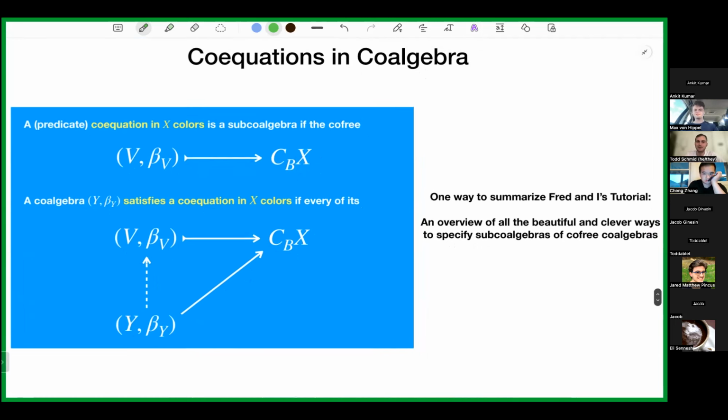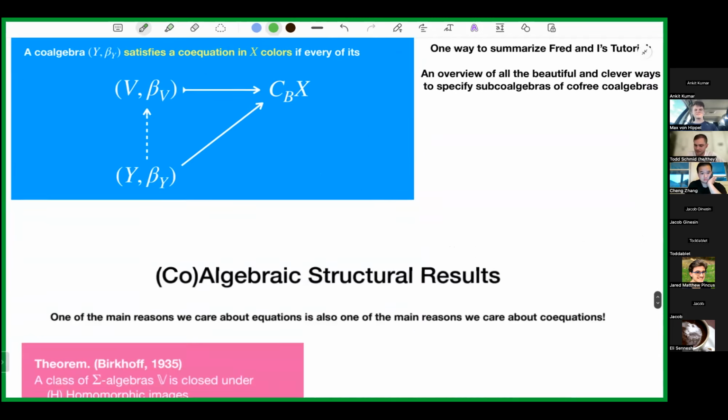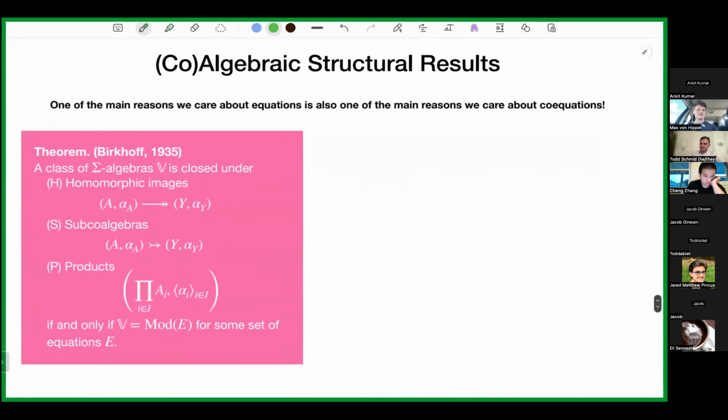I need to mention, if I bring up coequations and equations, this pair of results. The first one is very old, from the 30s, and it's one of the main reasons why we care about equations: the category of algebras that satisfy a given set of equations is a variety. It's a very nicely structured category that we can do all sorts of nice things with.